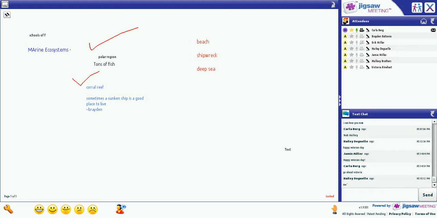Basically, a marine ecosystem is an area where fish, marine mammals, sharks, where they all interact with each other. So any of these would be perfect. Oh, someone's writing a fancy word up here. Very good. The euphotic zone. Great job.